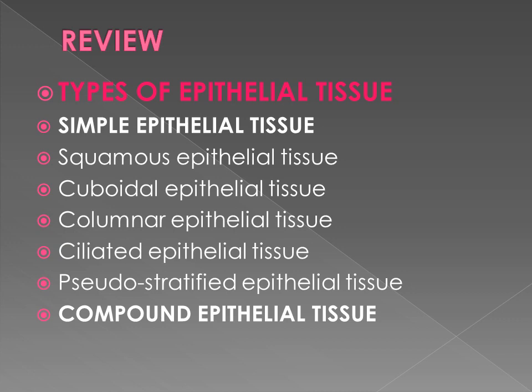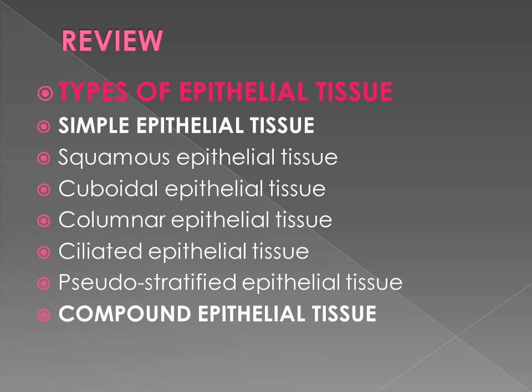Okay, simple epithelial tissue is again classified into 5 types based on its shape. Those 5 types are squamous epithelial tissue, cuboidal epithelial tissue, columnar epithelial tissue, ciliated epithelial tissue, and pseudostratified epithelial tissue.